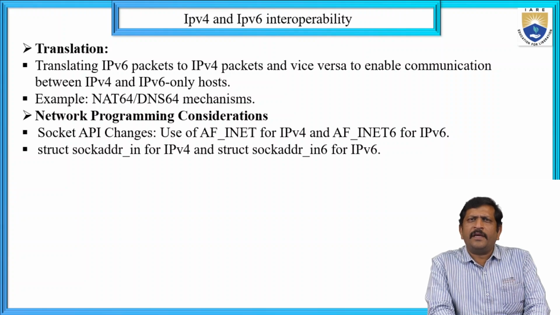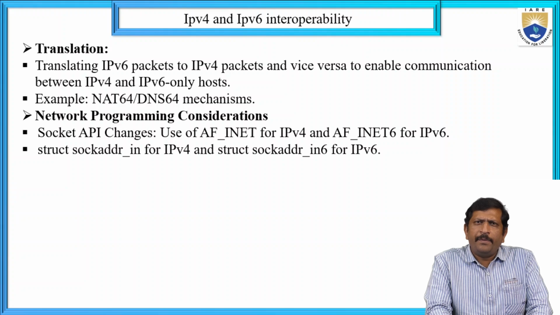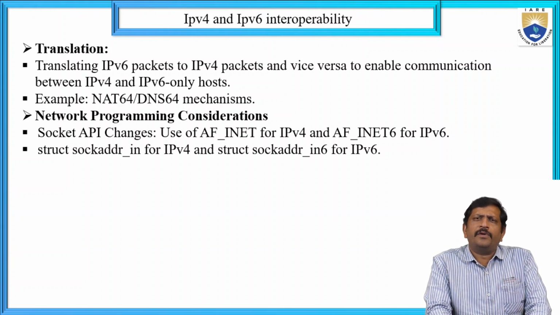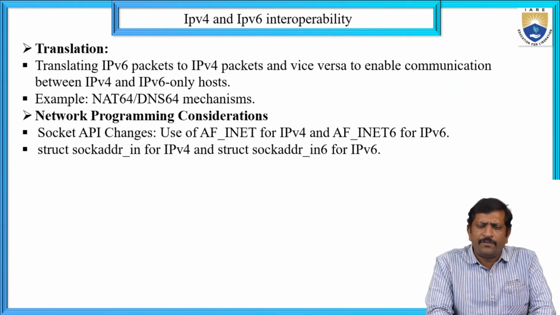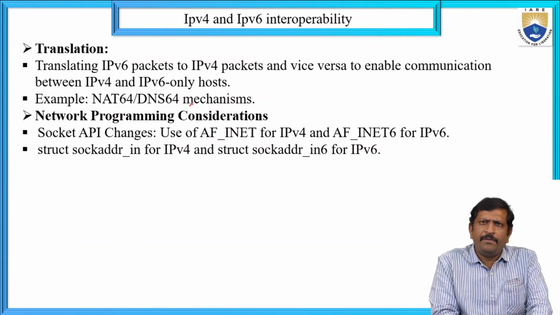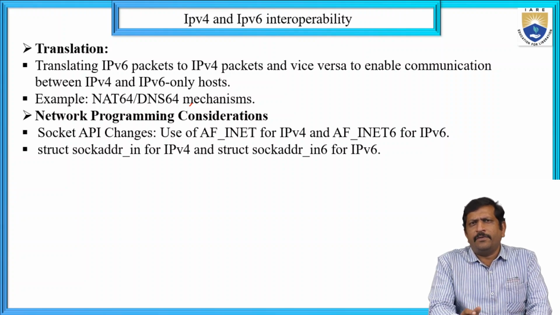This enables communication between IPv4-only and IPv6-only hosts. For example, the DNS64 mechanism. So this is translating. In this DNS64 mechanism, we can transfer the IPv4 packet into an IPv6 packet. That is a translation, from one format to the other format.